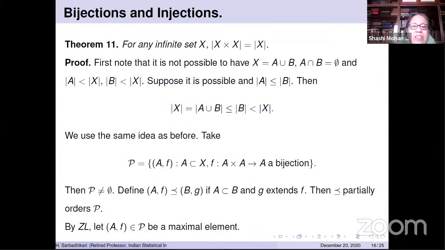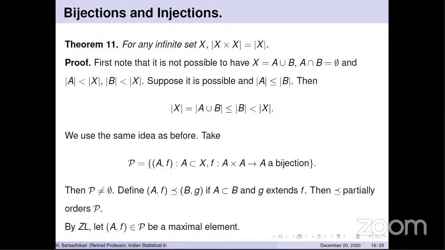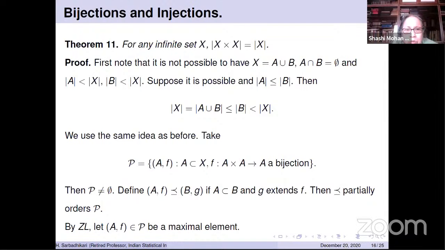Theorem 11: the cardinality of X cross X is the same as the cardinality of X for any infinite X. I suppose this part is acceptable: if X is A union B, then A and B cannot both have cardinality less than X. I did that a bit earlier.